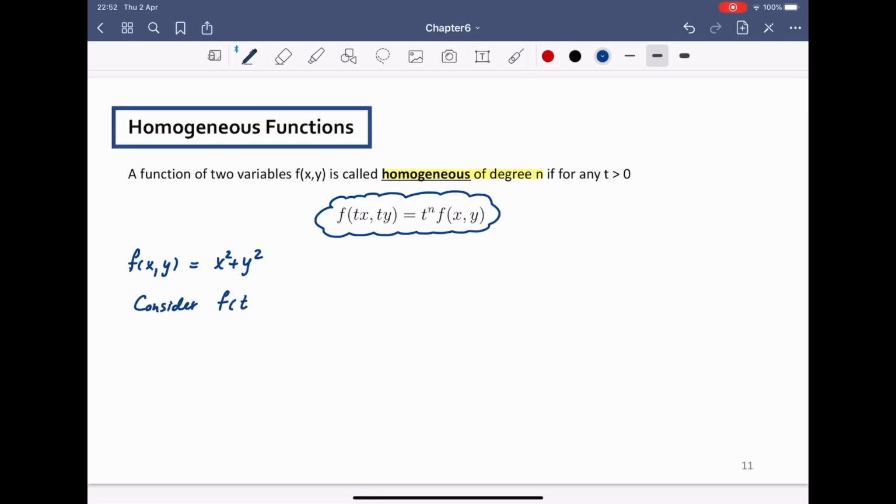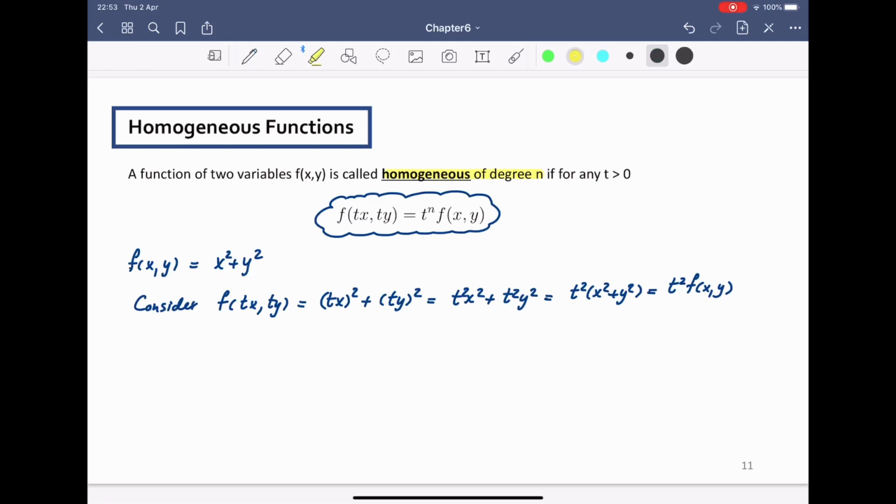f(tx, ty). This is going to be (tx) squared plus (ty) squared, and then you simplify it so you get t squared x squared plus t squared y squared. Then you can pull out t squared, and that ends up with t squared times f(x, y).